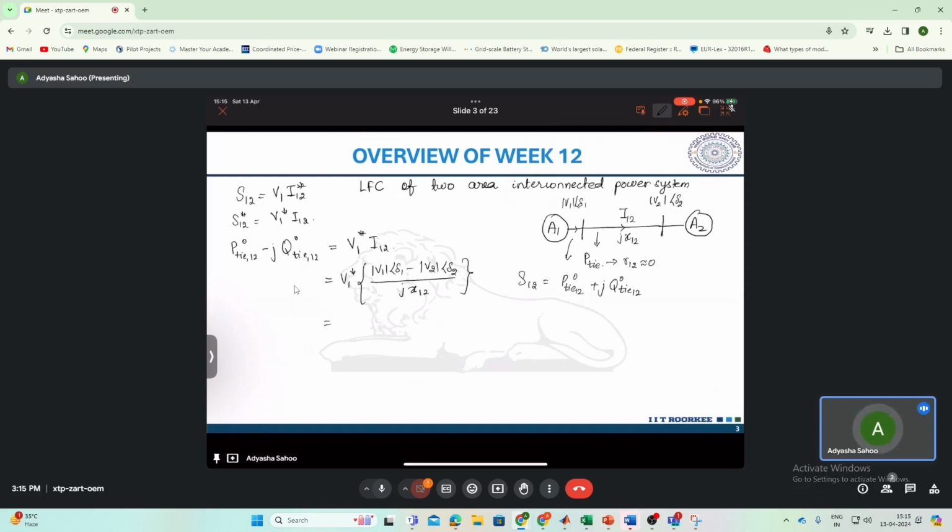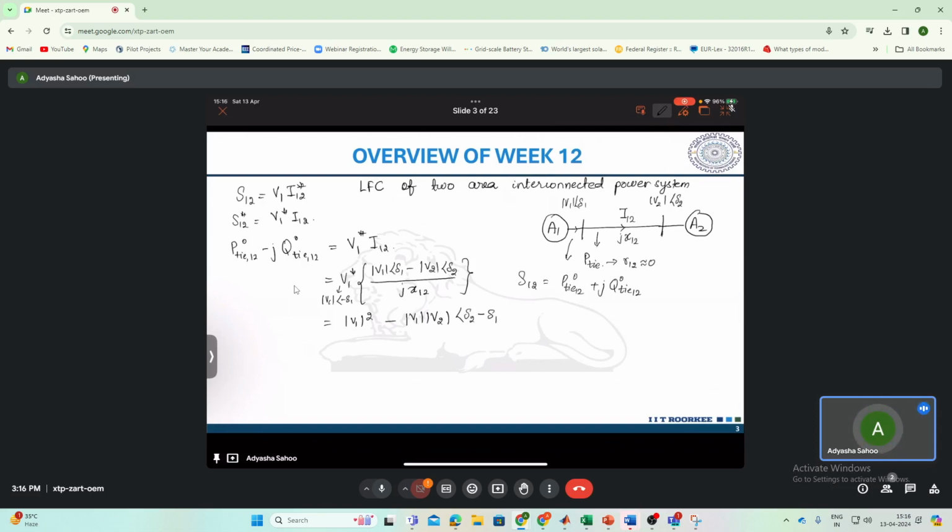Now multiplying this, V1 into V1 will be V1 magnitude squared, minus, since V1 conjugate will have magnitude V1 and angle minus delta 1, multiplying that will give V1 V2 into the angle delta 2 minus delta 1.